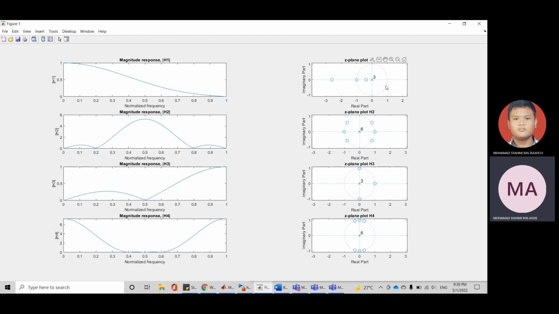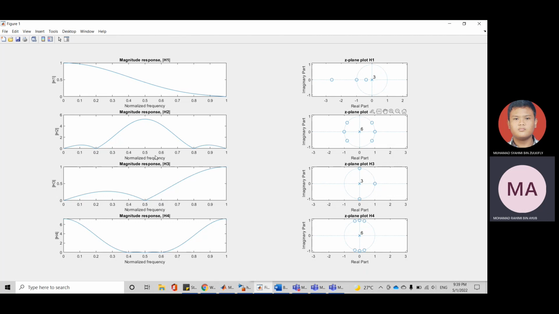For the Z plane, we can see this diagram. It shows like this, and for the Z plane, we can see it starts from the right, from the negative. For H2, we can see there is one peak at the center and two small peaks.